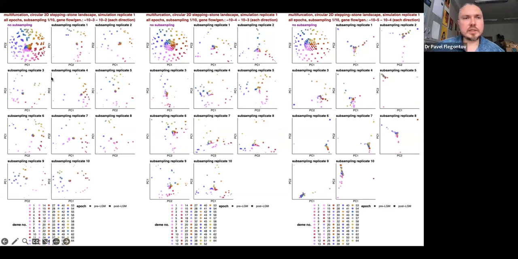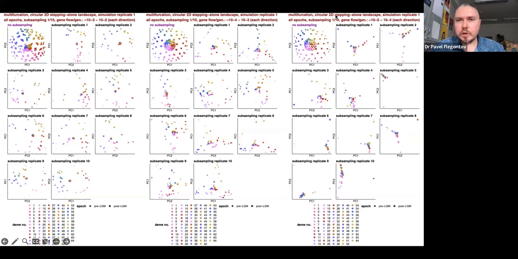And here we take just 1/10 of those individuals randomly. And we see that under the high gene flow intensity scenario, of course, we don't get this perfect circular pattern anymore, but sometimes the original landscape is recognizable.